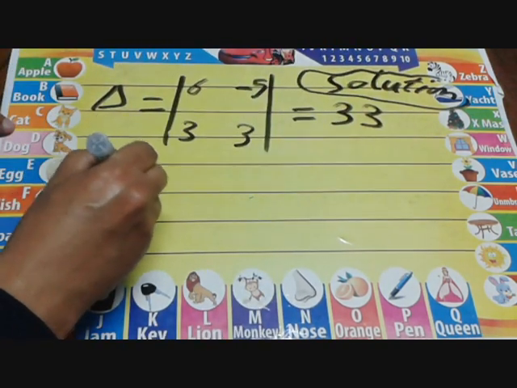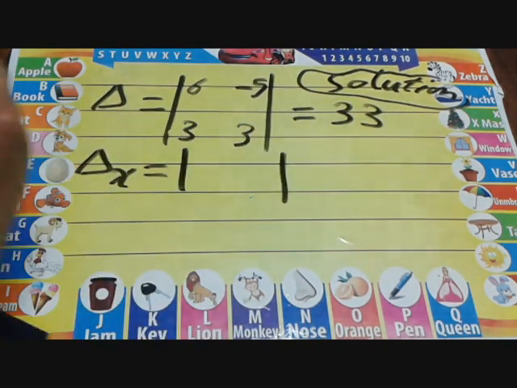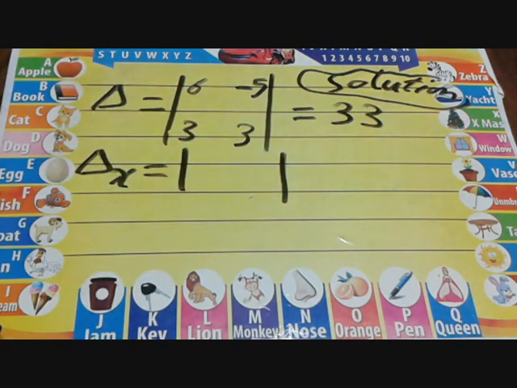Delta x equals this determinant like this, but instead of 6 and 3 we will put the constants on the right hand side in the previous equations.